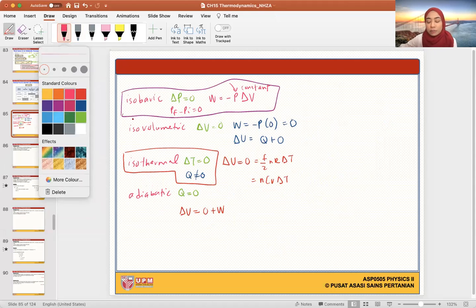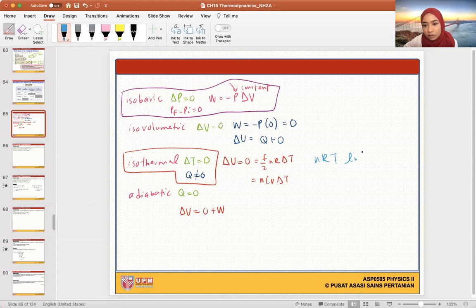You come across this question, you don't remember which thermal process. How do you define what the thermal process is? Okay, let's write it first: nRT natural log V final over V initial. You said it's supposed to be isothermal. Why, based on this equation?